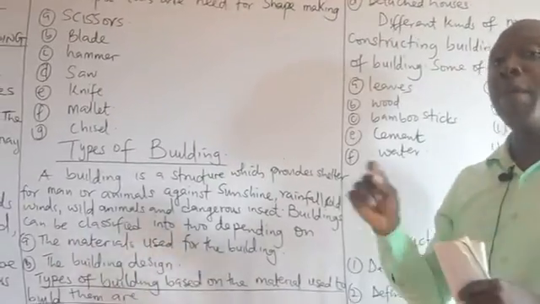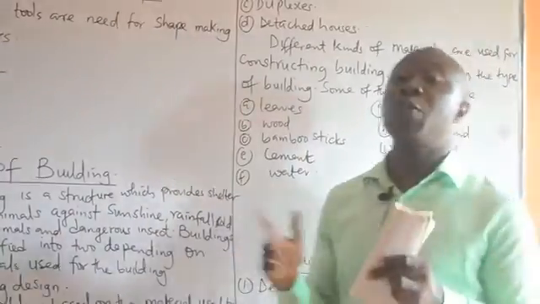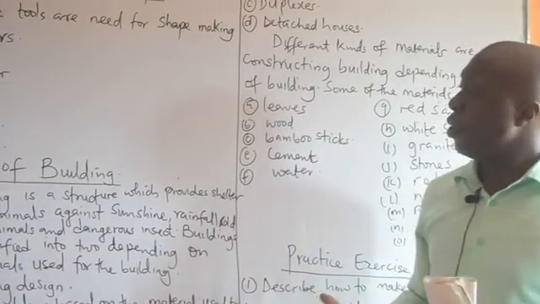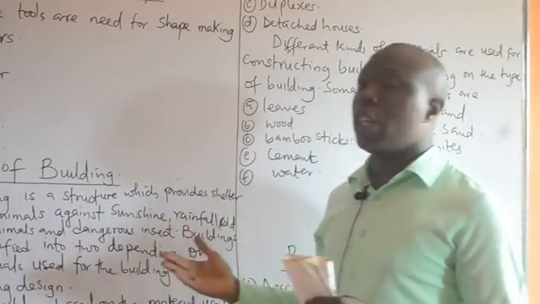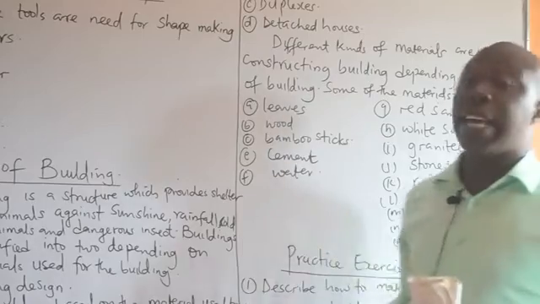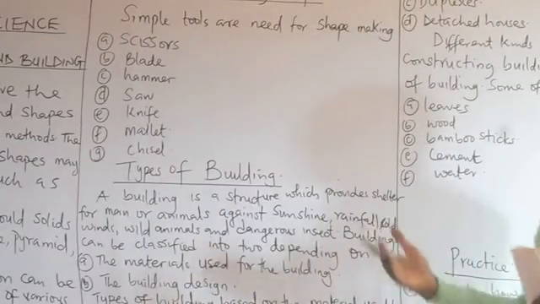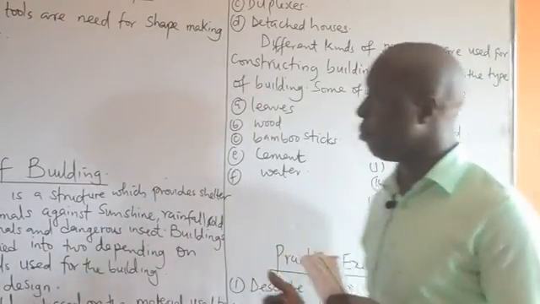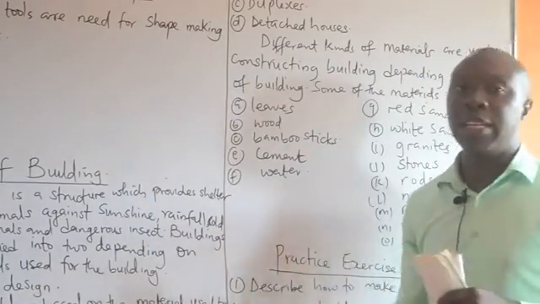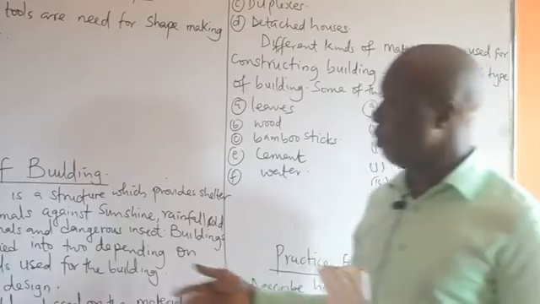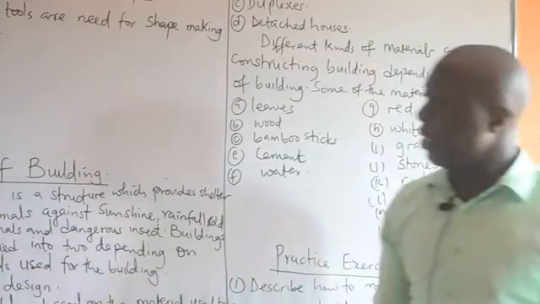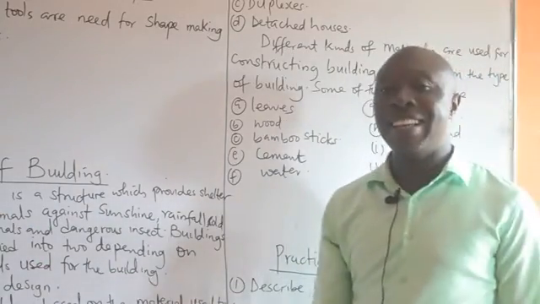And we also talked about building. Building is also a structure which provides shelter for man or animal against sunshine, rainfall, cold, winds, wild animals and dangerous insects.